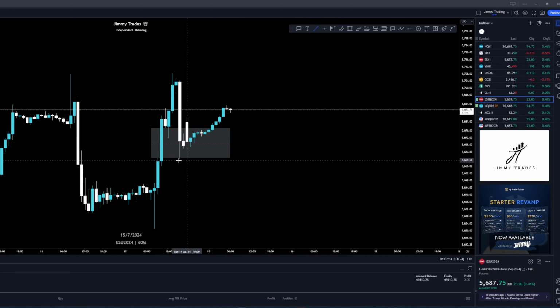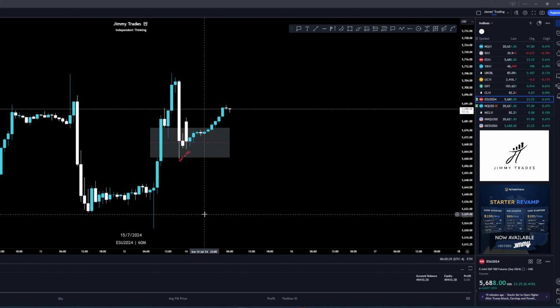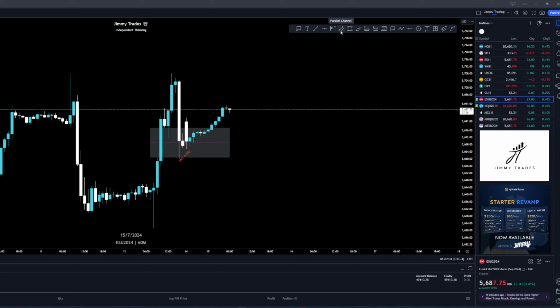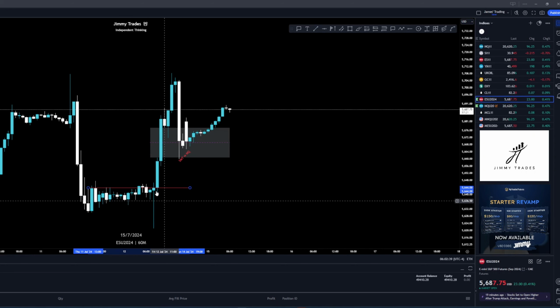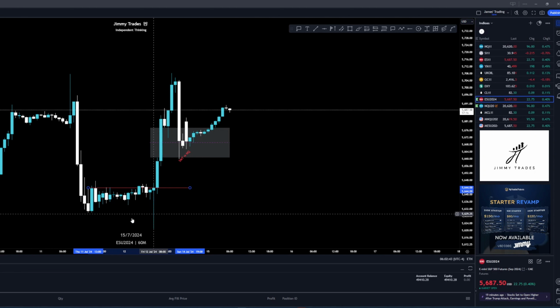This was our SMT here with NQ. Change in the state of delivery. Move through with displacement. Sweep of the lows.